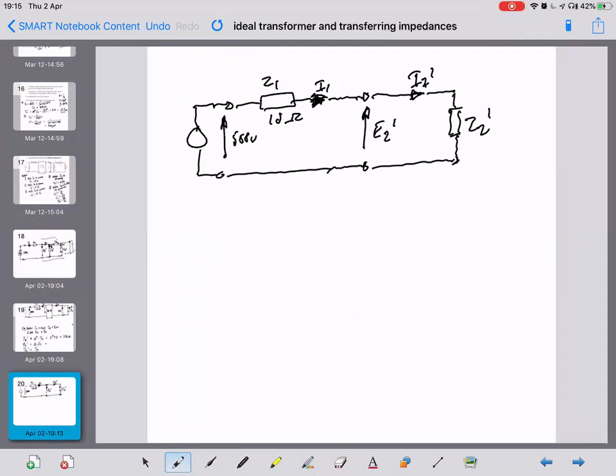Happy? And that Z2 dash is equal to 125 ohms, effectively making the ideal transformer redundant at this stage. What can we now do that will help us solve that problem?